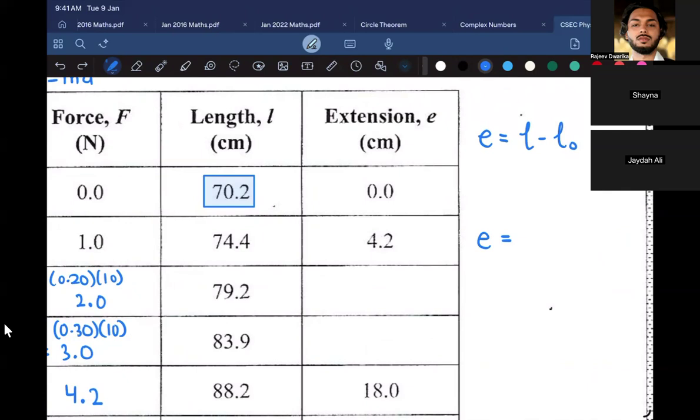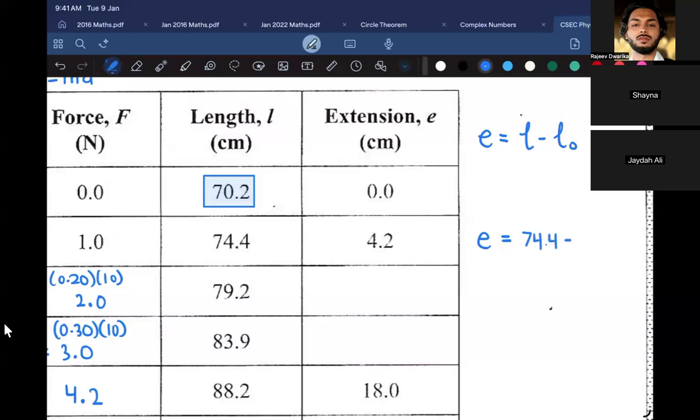Tell me, Gino, how would I find the extension? First of all, the new length minus the original length, right. So what's the new length? 74.4.